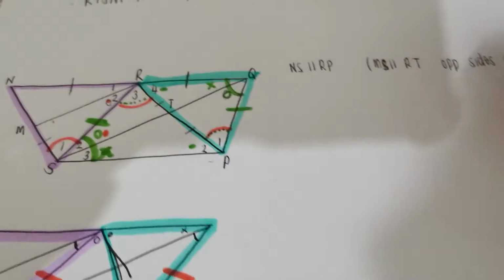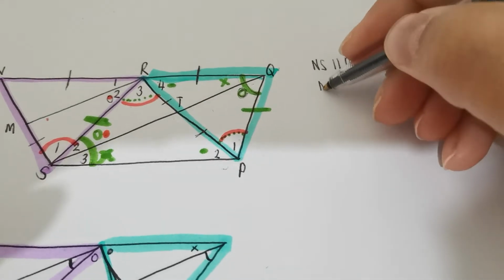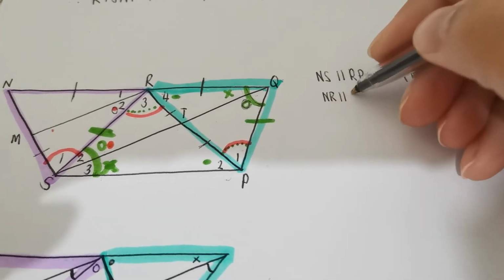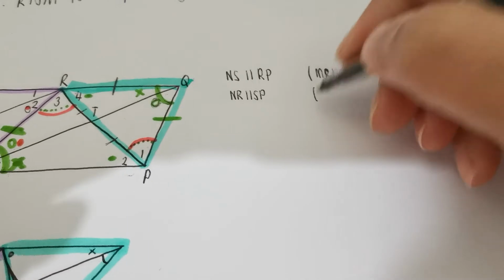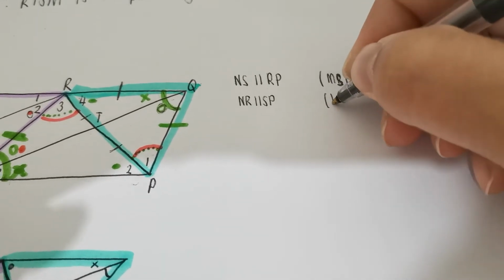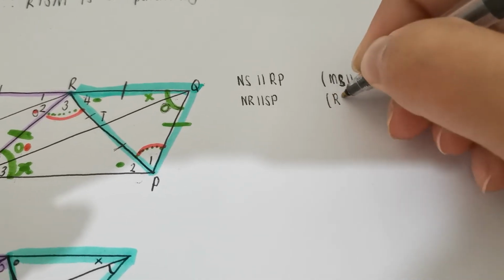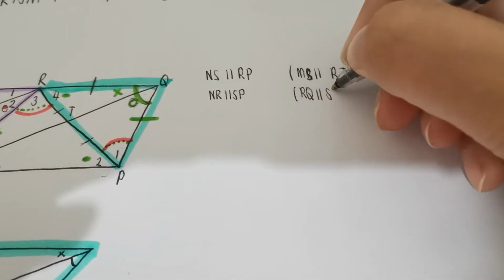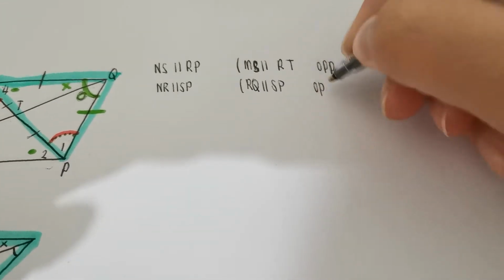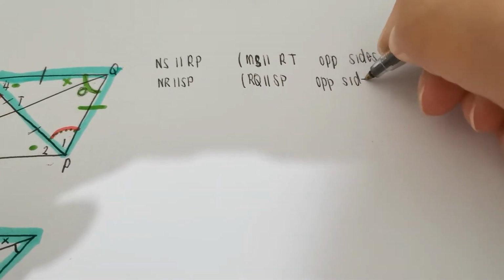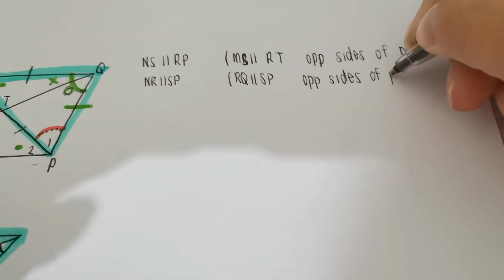So let's write that down. NR parallel to SP. How do we know this? It was because RQ is parallel to SP.